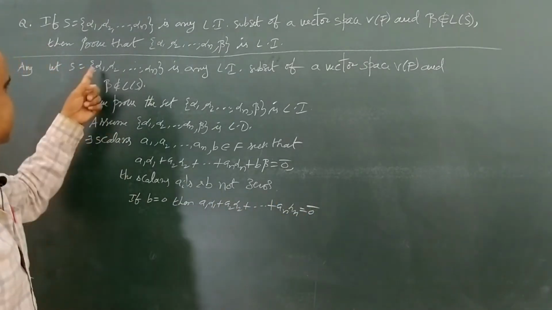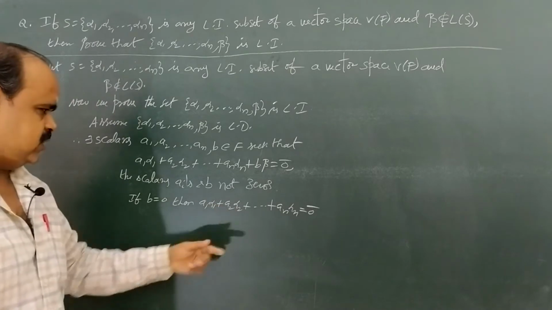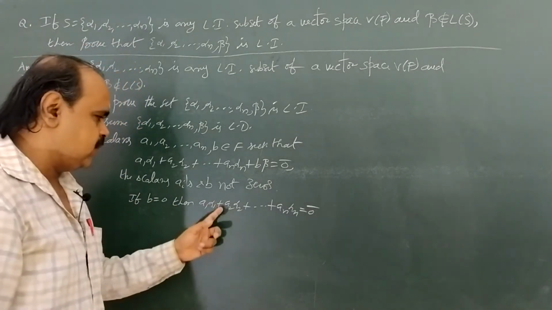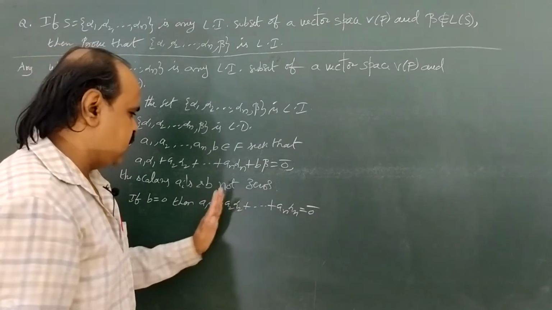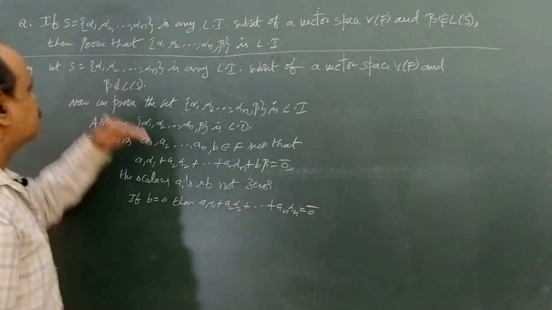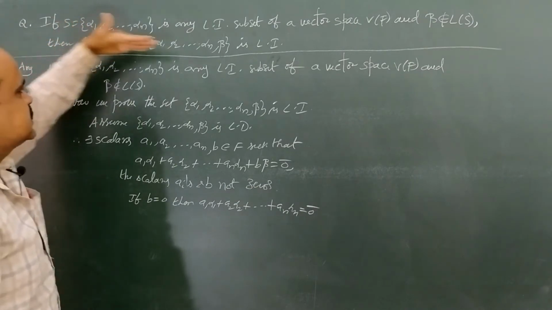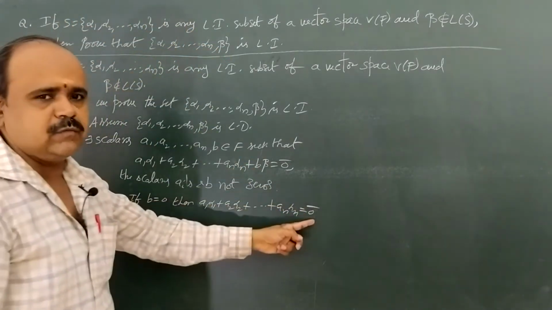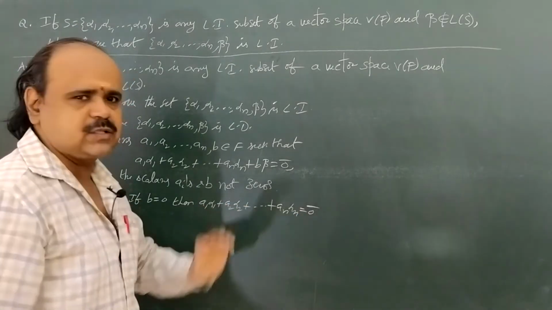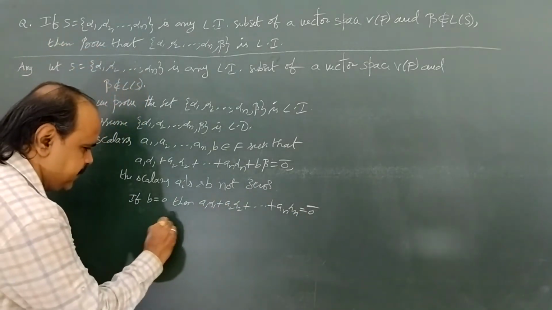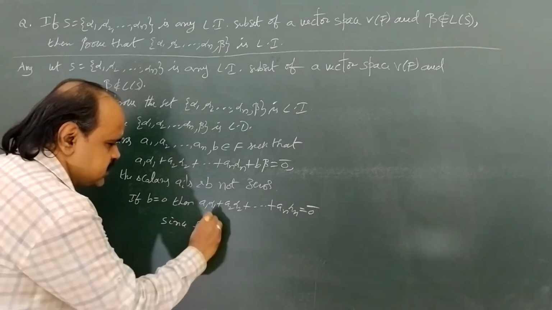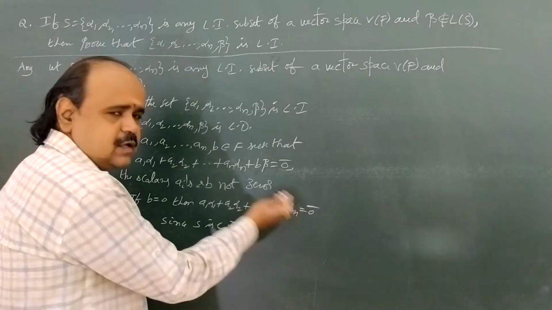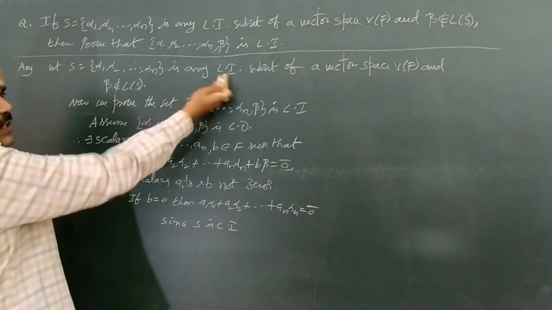Since S is LI, here there is a linear combination of vectors alpha 1, alpha 2 and so on alpha n, which belong to S. Since S is LI, the linear combination of these vectors being 0 implies all the scalars are zeros. Since S is LI, in this linear combination the vectors alpha 1, alpha 2 and alpha n are the vectors of S.